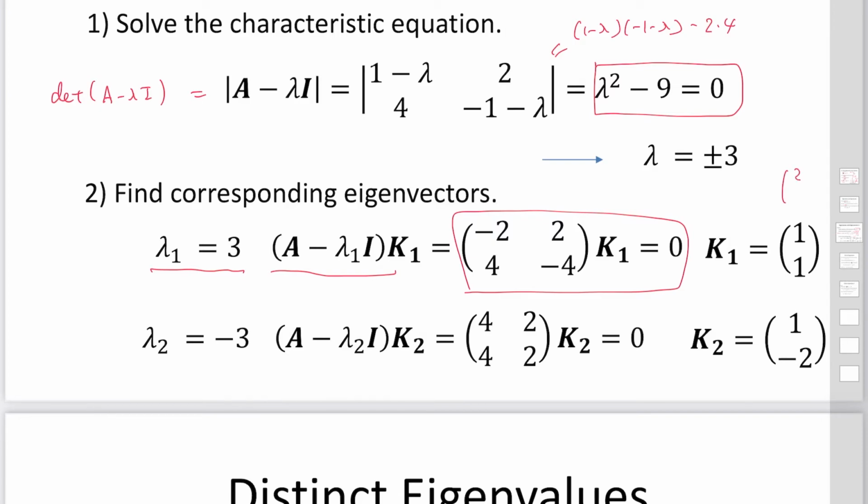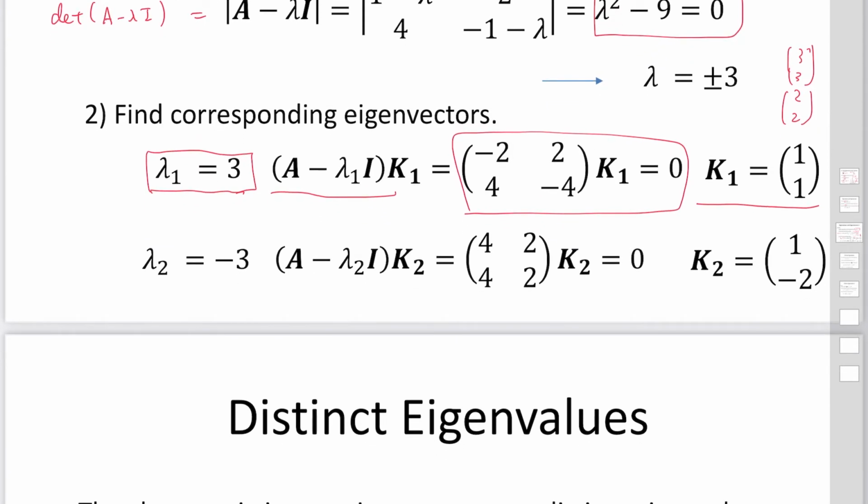You could also choose 2, 2 or 3, 3, which are multiples of the vector 1, 1. In this case, we choose the simplest case, 1, 1, as an example. This is an eigenvector corresponding to the eigenvalue lambda sub 1 equals 3.